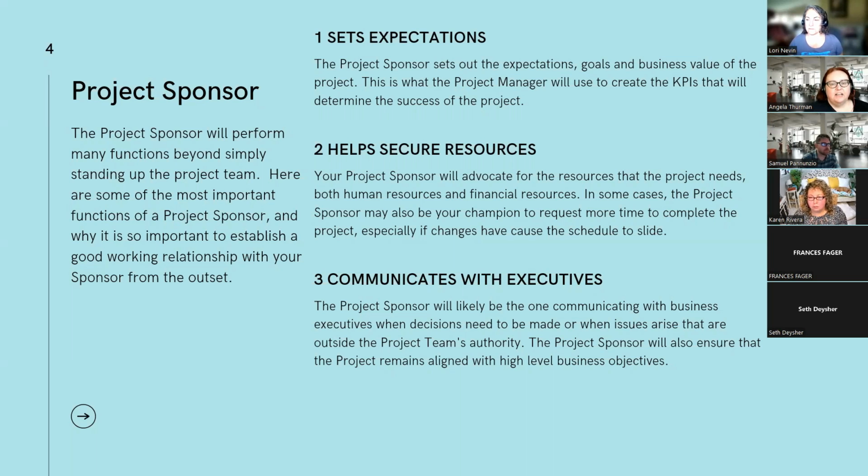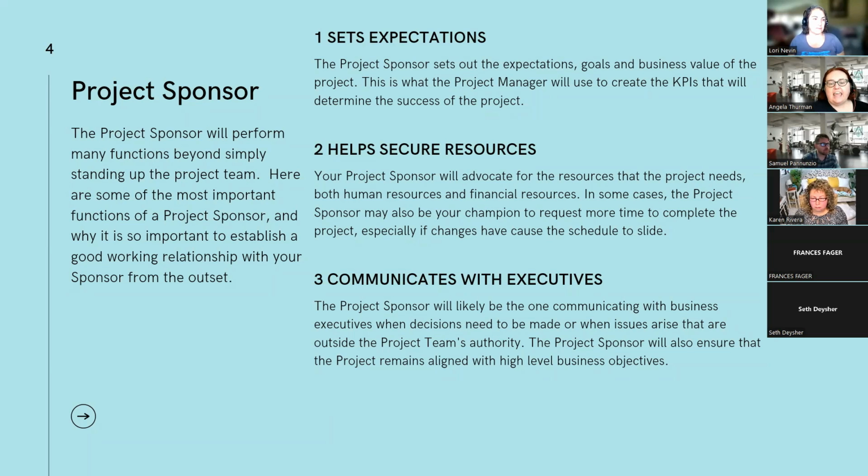And another key role of the project sponsor is that your project sponsor is going to communicate with other executives. So again, they're going to be your champion.